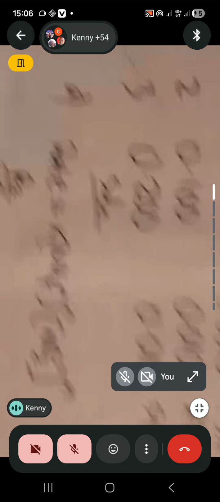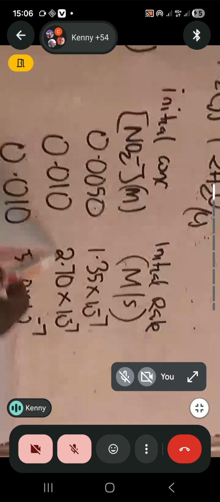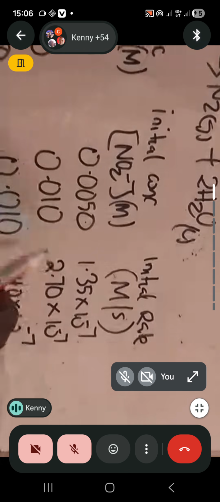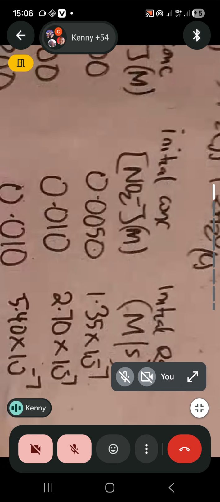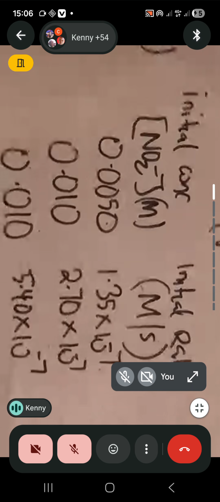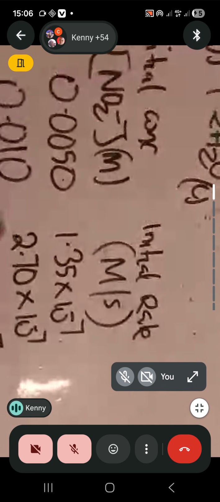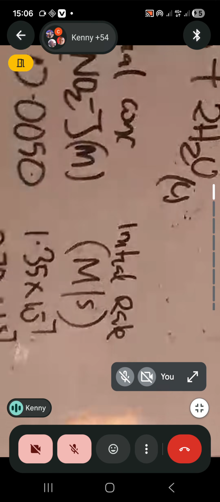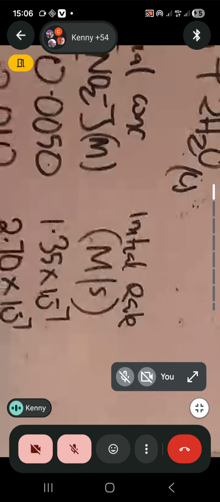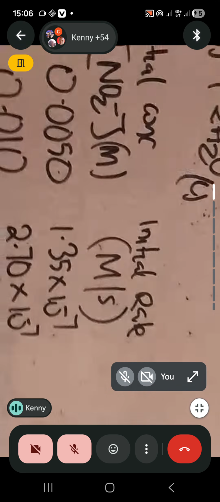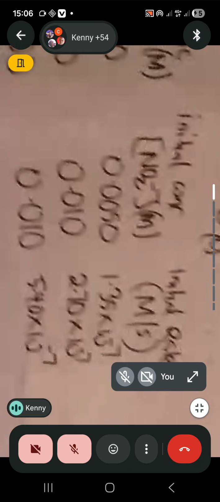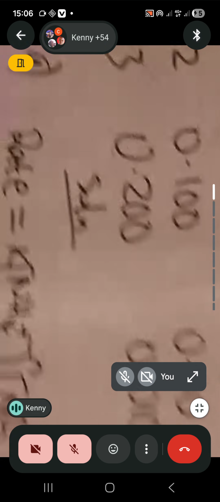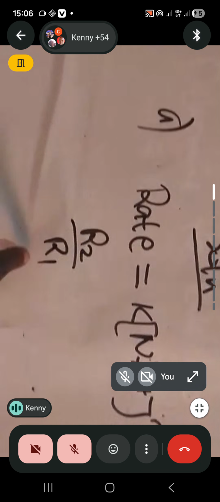Always start with a bigger number. Even if you start with the smaller one, it's the same, but it will give you fractions which you need to deal with in your indices. So it always becomes easy to use the bigger number on top, then a smaller number, for easy division. Okay. So now rate 2 over rate 1.